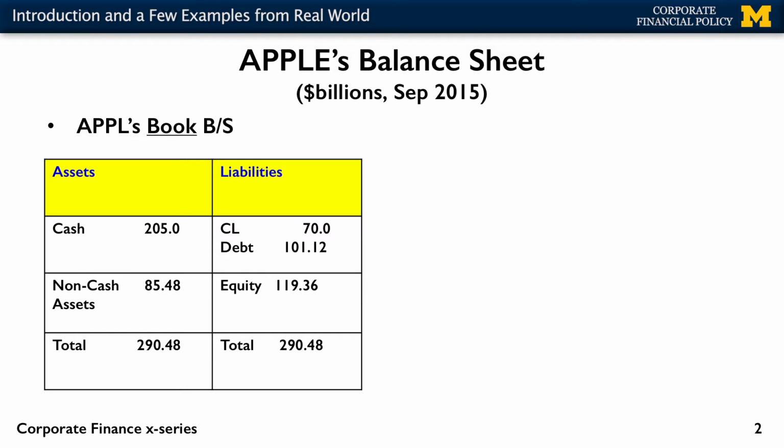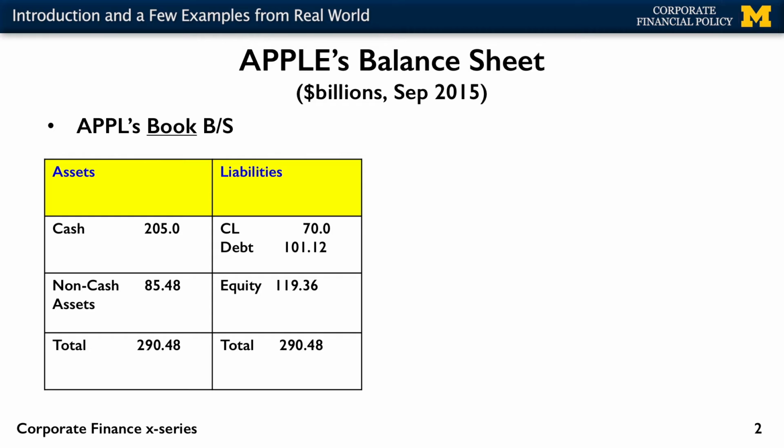Now, when you come to the liability side, one way to think about it is: how is this $290 billion of asset being funded for Apple? Again, I'm breaking down liabilities into two pieces. The first one, the top one, is all about debt. There you have current liability; think of this as supplier's credit and short-term liabilities.